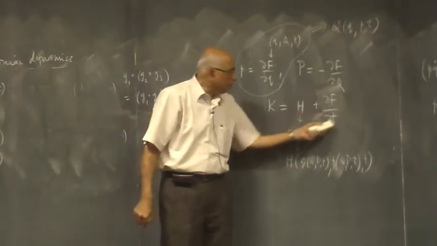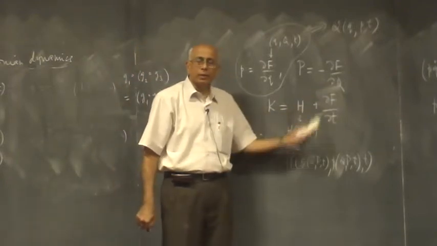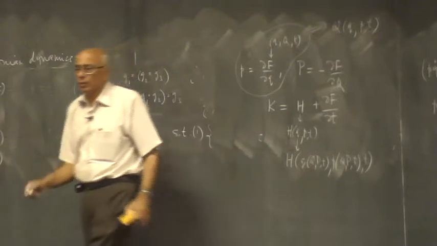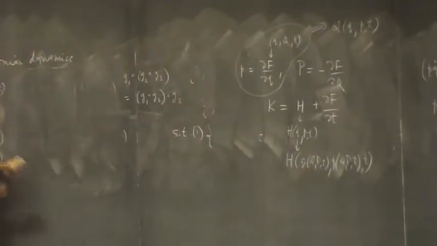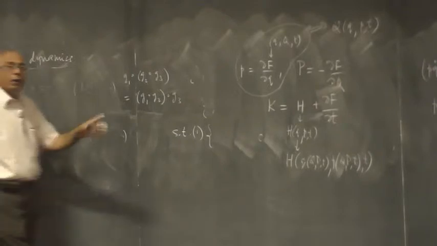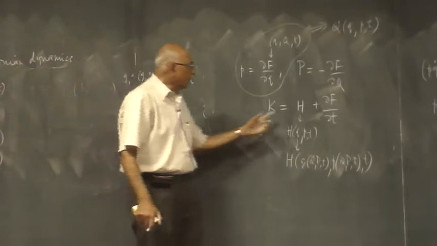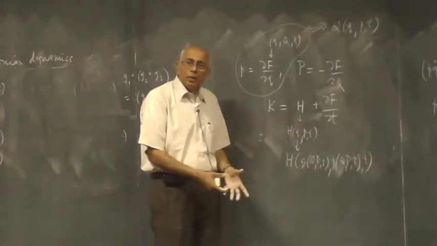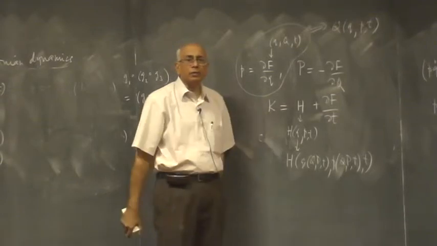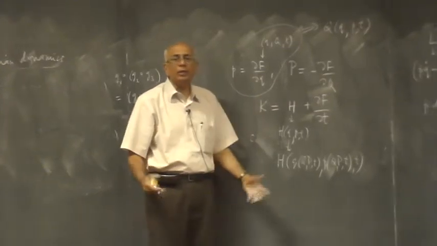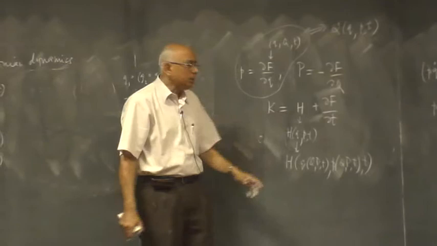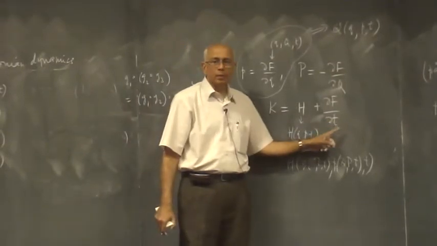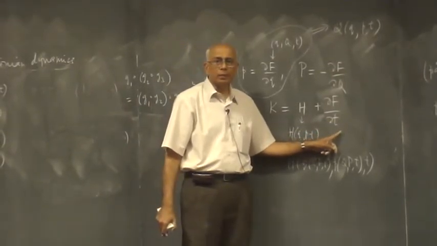So there's the partial derivative of the generating function. If the original Hamiltonian was autonomous, and if the canonical transformation was autonomous, with no time dependence in the generating function, then and only then is the new Hamiltonian equal to the old Hamiltonian with the little q's and p's expressed as functions of the capital Q's and P's. So it's a different functional form. Otherwise, there's an extra term, an important extra term.